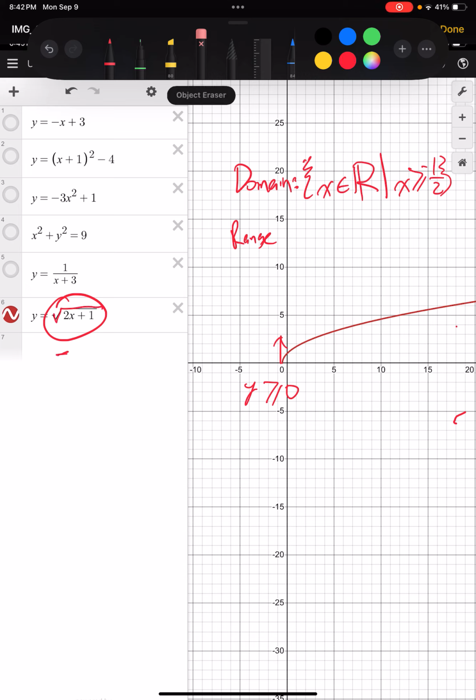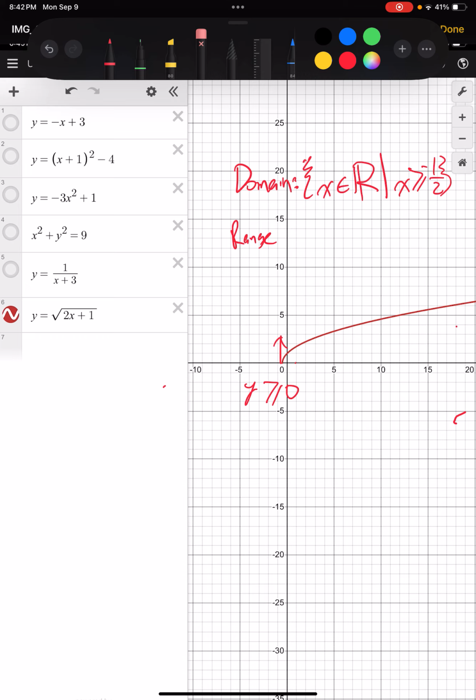No. In fact, the square root of 0 is the same thing as 0 times 0, which is equal to 0. And the square root of 1, oh, never mind. The graph is not just a straight square root, right?